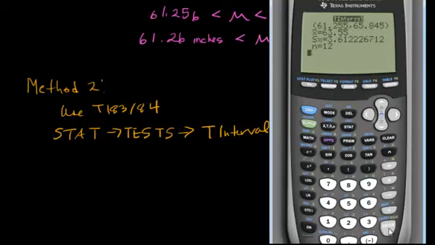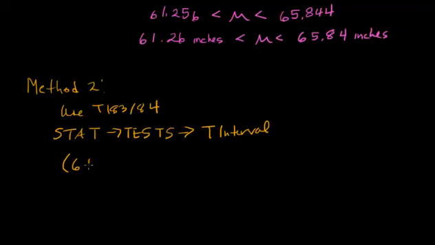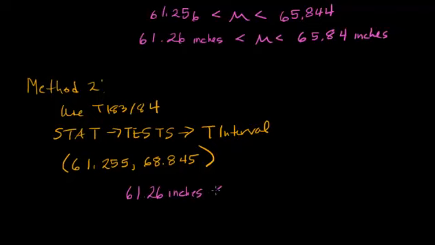Okay, 61.255, 65.845. Okay, and you can see that we get 61 rounded to 2 decimal places because we had the actual data.